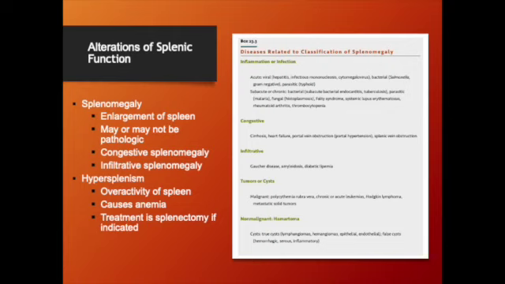In the past, splenomegaly, or the enlargement of the spleen, has been associated with different disease states, but now it's recognized that splenomegaly isn't necessarily pathologic every time. An enlarged spleen can be present in some individuals without any evidence of disease. However, splenomegaly is one of the first signs of underlying diseases.